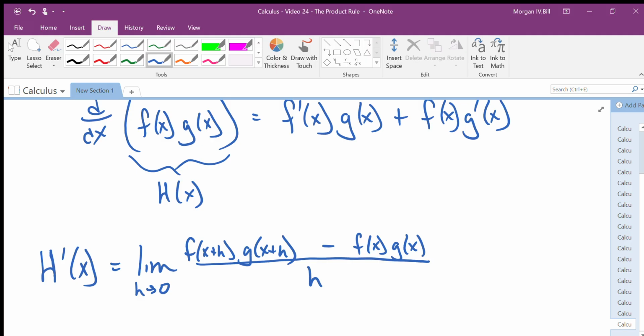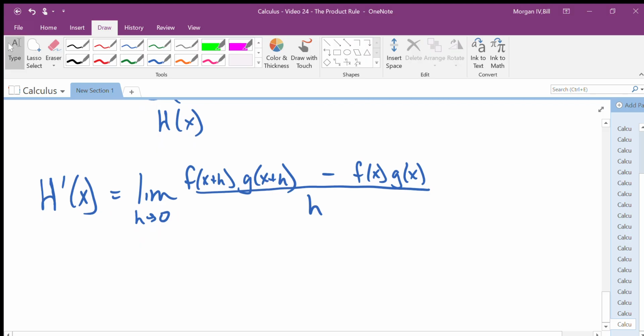In this case, we're going to add something and subtract the exact same thing. And if you add and subtract the exact same thing, those two things would cancel out. We're not going to cancel them, but we're not changing the problem because we're adding and subtracting the same thing.